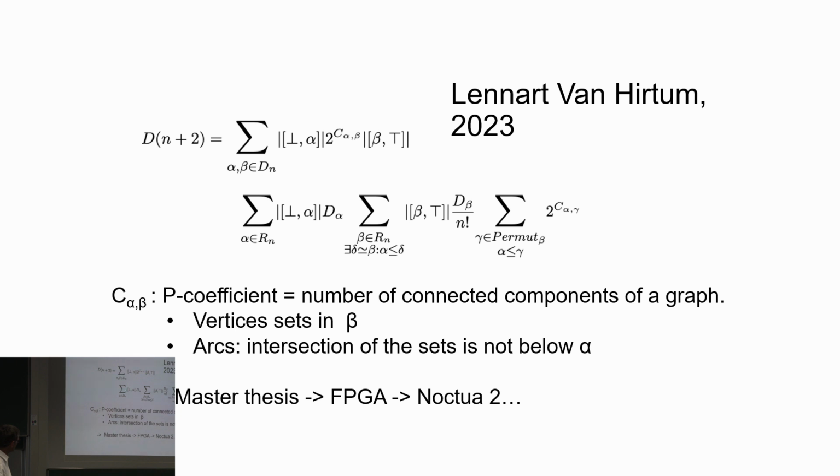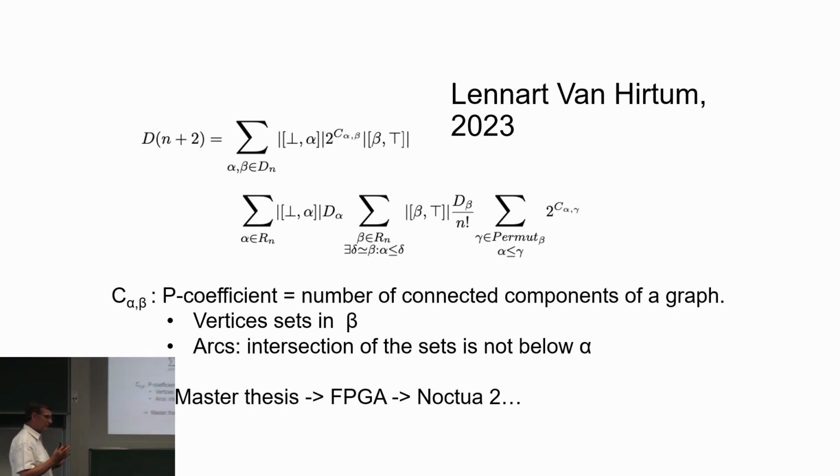But this coefficient is called the p-coefficient. It is the number of connected components of a graph. And it can be best formulated, and I realized that it was the case by looking through the glasses of the anti-chains.